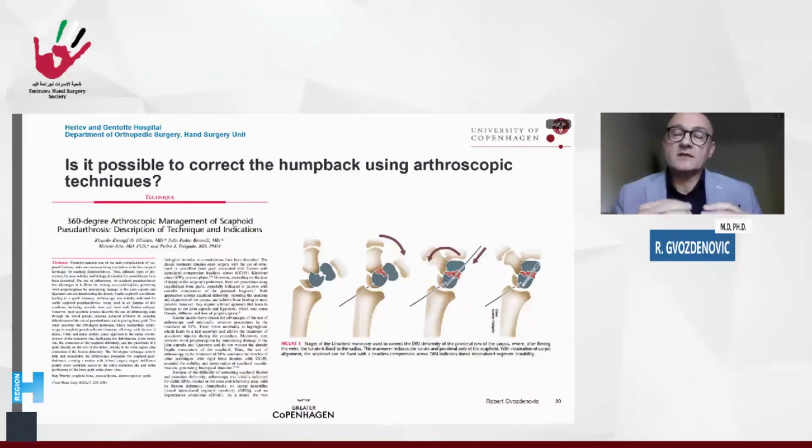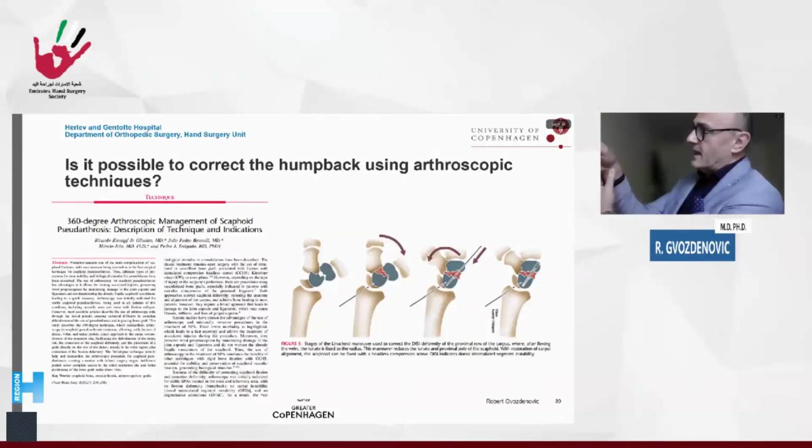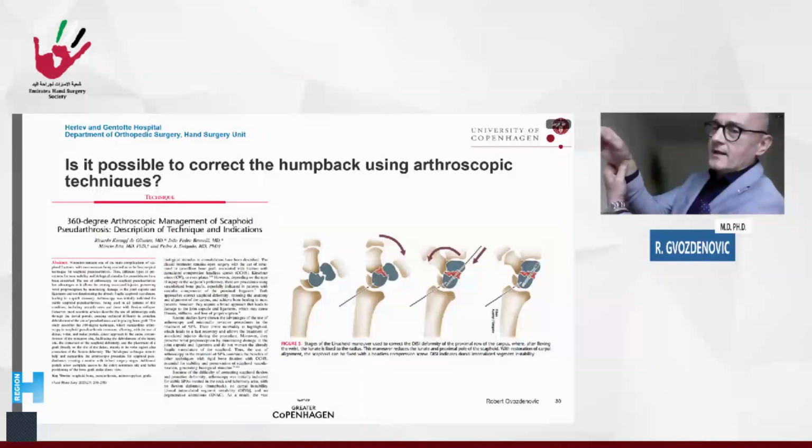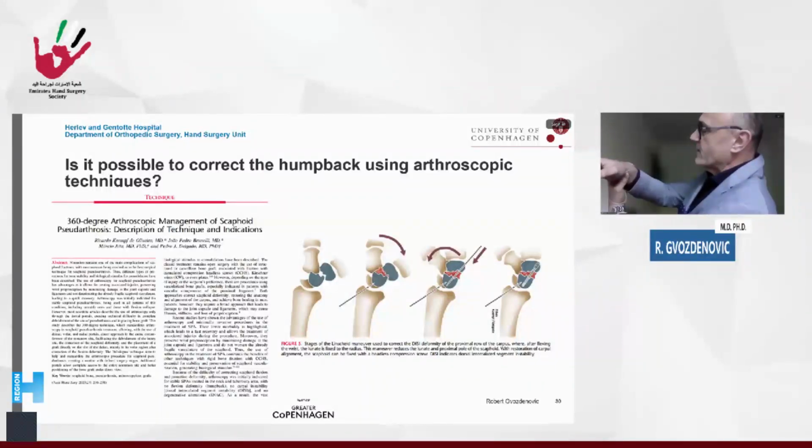I use a slightly different method. I use a method of reposition, which is usually used when you take the Watson test, where you place the thumb on the volar part of the scaphoid distal pole, and on the posterior wrist, you actually push the radius towards the volar.